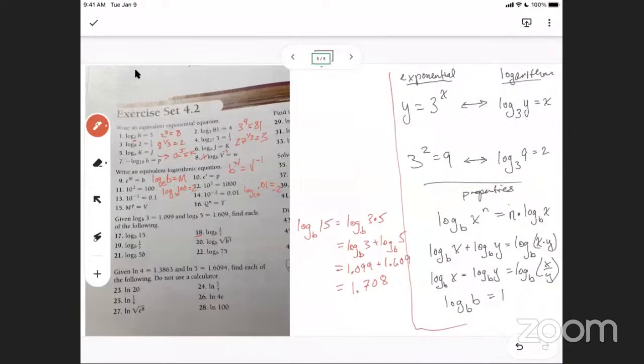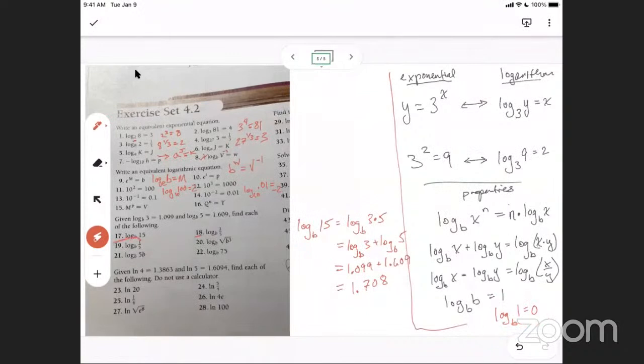Oh, this is another property. The log base b of 1 equals 0. That's a good property to know. And that's because anything to the 0 equals 1. What does anything to the 0 equal? 1. And so this is saying that, but as a logarithm.